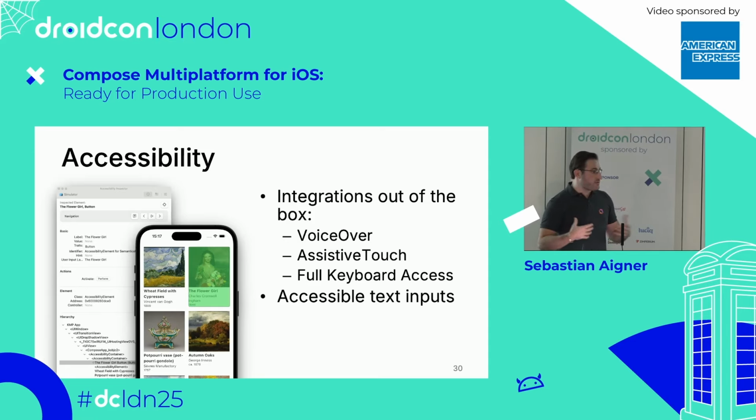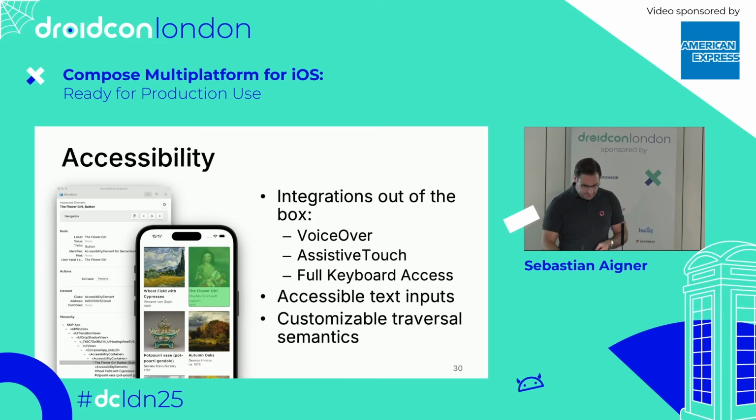The text inputs, that they're also all accessible, so if you have alternative input methods, you can also use those. And we've made it possible for you to specify custom traversal semantics. So if you have an application that has a lot of complex layouts where a screen reader, for example, might not necessarily want to traverse everything from like top left to bottom right, you can specify in which order elements are supposed to be traversed.